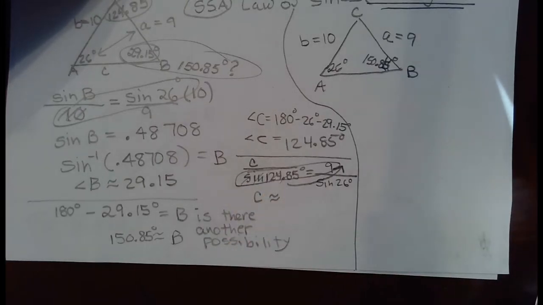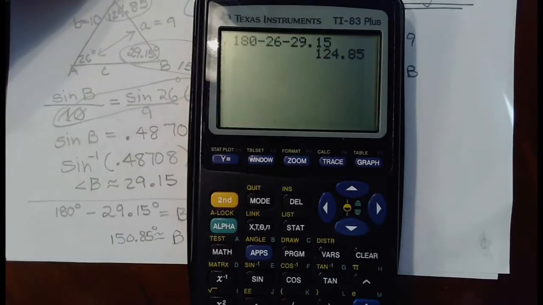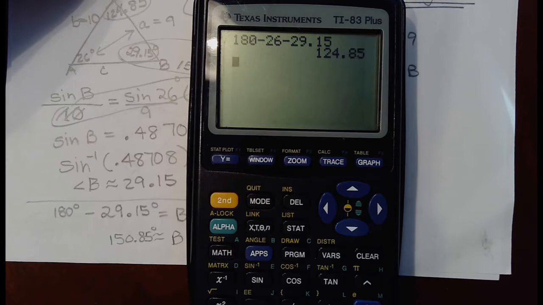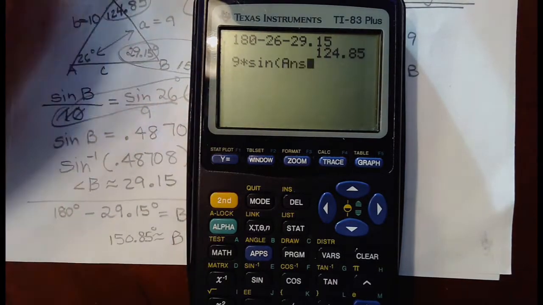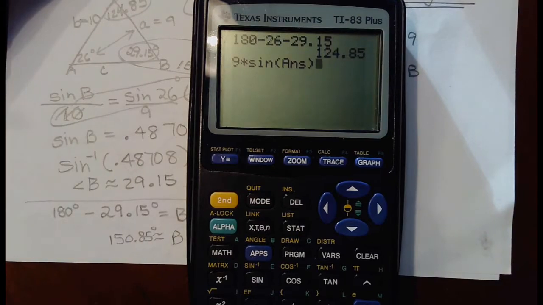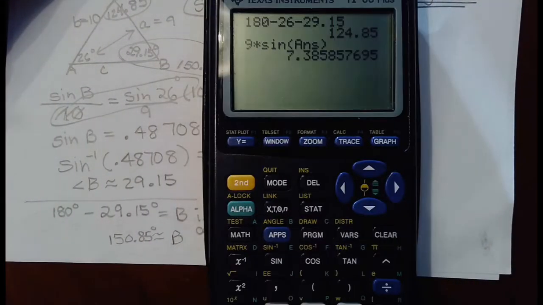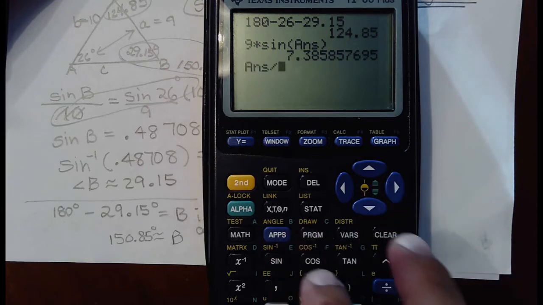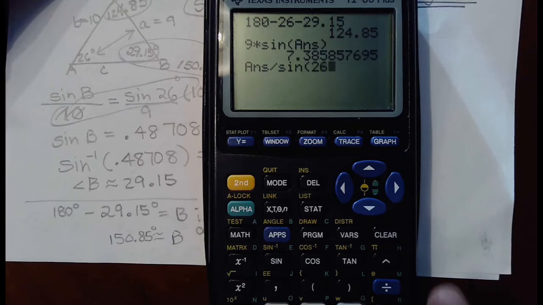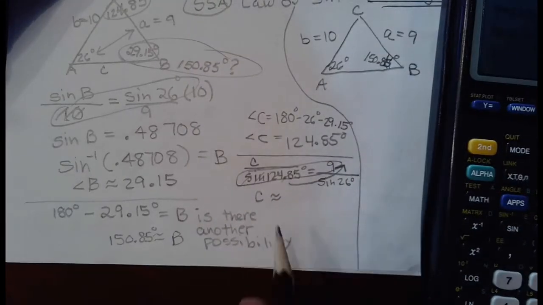And I got 16.85. Okay, that was 9 times sine of 124.85, and then finally divided by sine of 26.